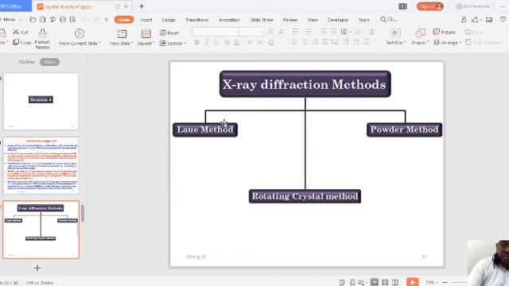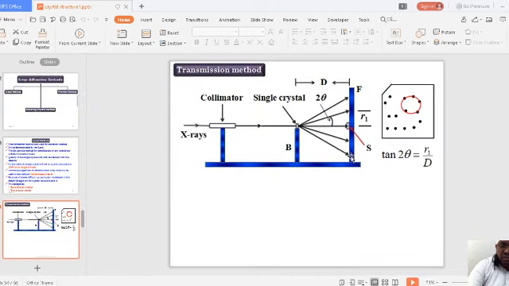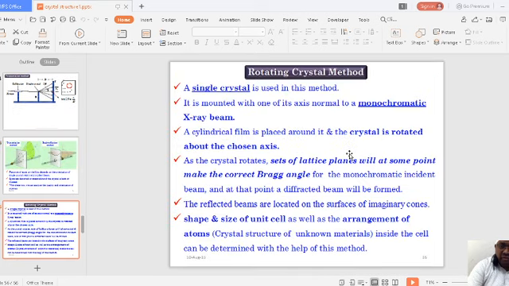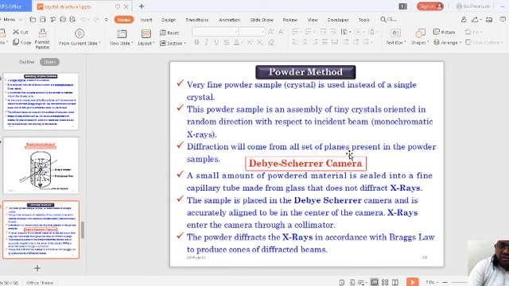The others also have applications, but for your syllabus purpose, only the powder method has been given. So we are not going for the Laue and rotating crystal methods. This is only for reference.